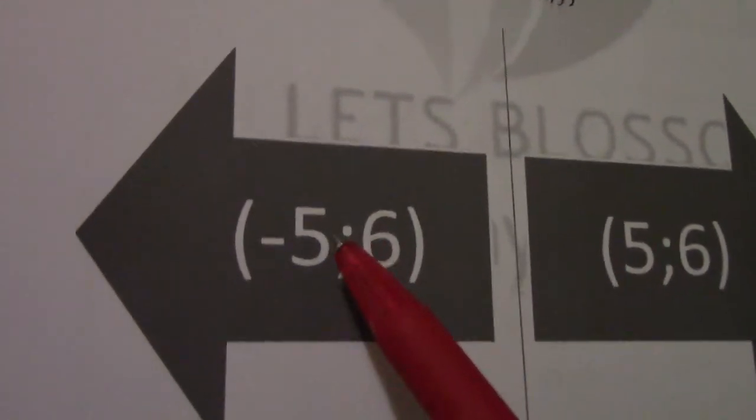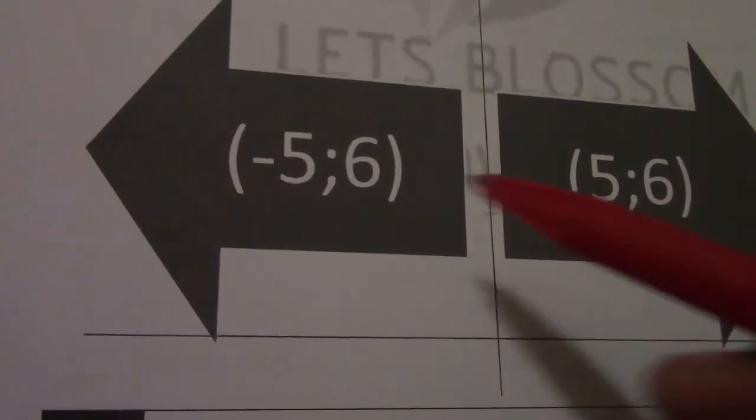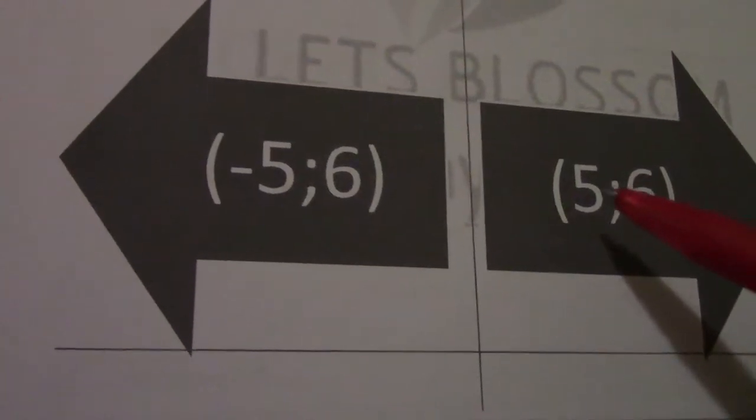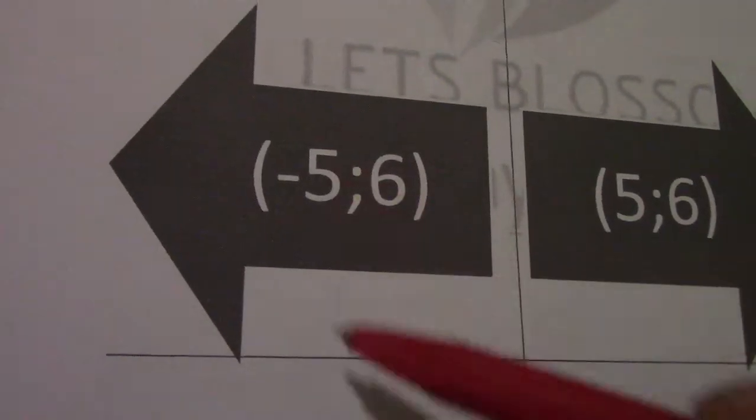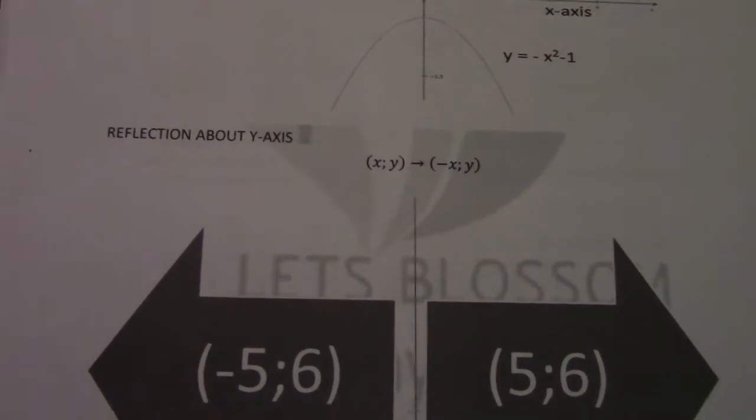So 5 must then become negative 5. So the y value here stays the same point. My x value there and my x value there simply change sign. And that is referred to as reflection about the y-axis. Continue practicing, continue giving your best.